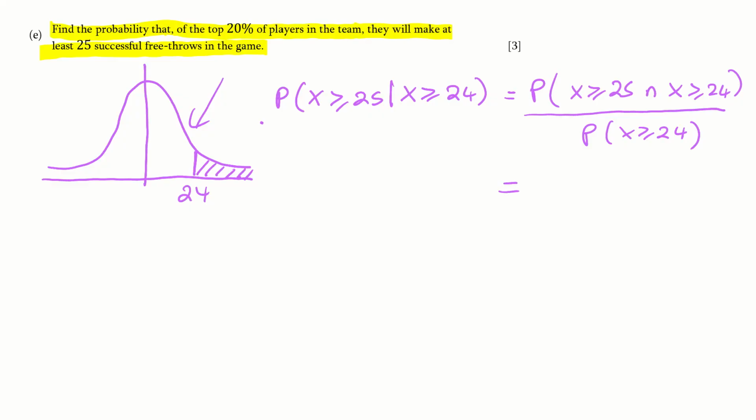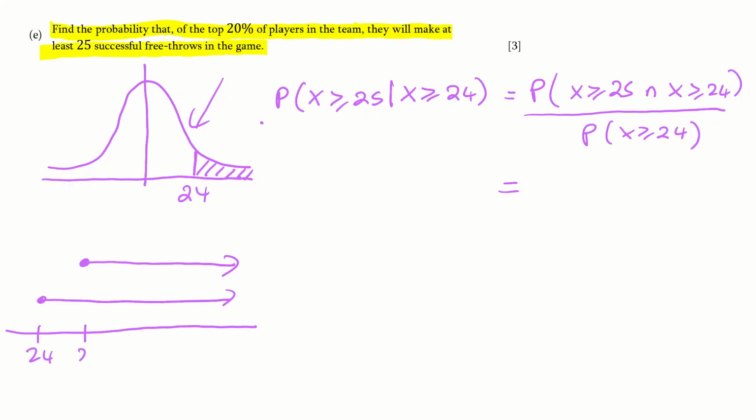And so that would be the probability of x being greater than or equal to 25 and x is greater than or equal to 24, divided by the probability of x being greater than or equal to 24. And the top of that, because we're looking at a situation like this, where we have 24 here and 25 here, and for an and we're looking for both to apply, the top of that just becomes x is greater than or equal to 25. We have a probability of x is greater than or equal to 24.